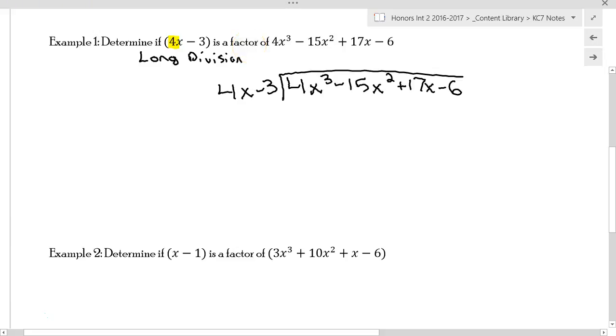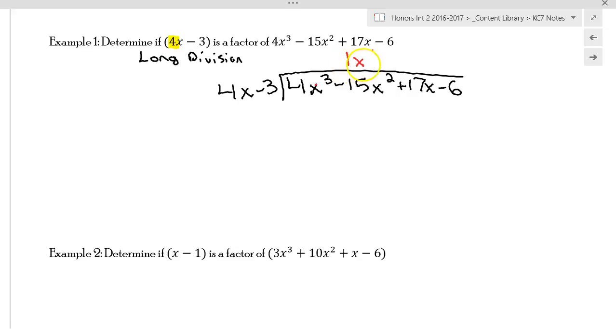So, again, our first step is to divide. So 4x cubed divided by 4x, right? 4 divided by 4 is just 1. X cubed divided by x is x squared. So we get 1x squared, and line it up right over the 15x squared. 1x squared times 4x is 4x cubed. 1x squared times negative 3 is negative 3x squared.